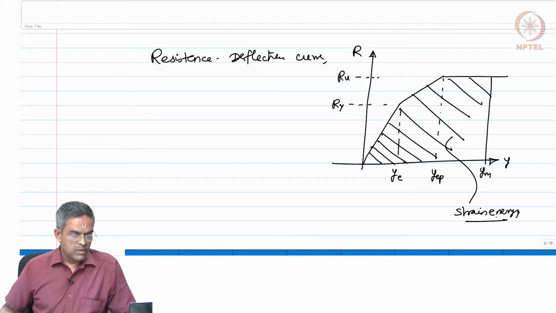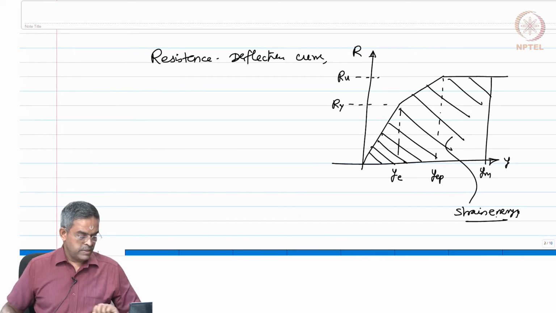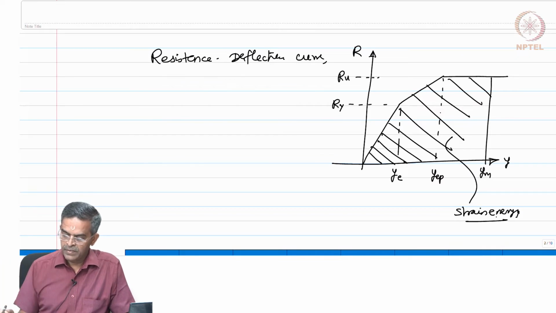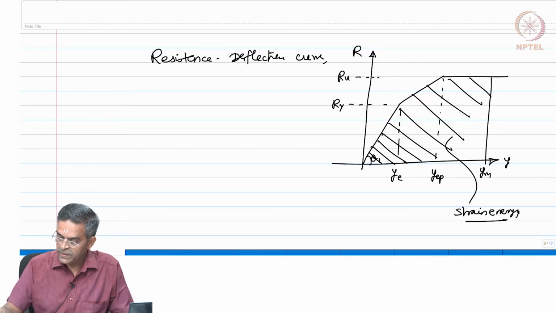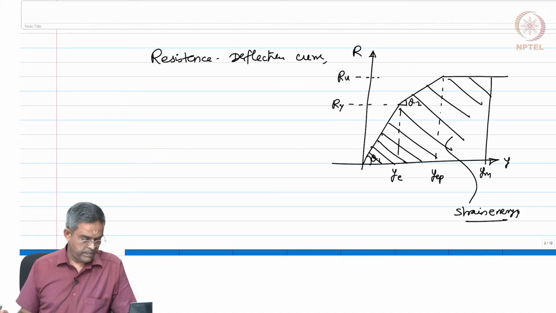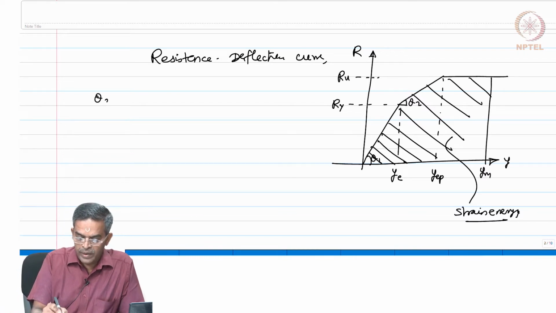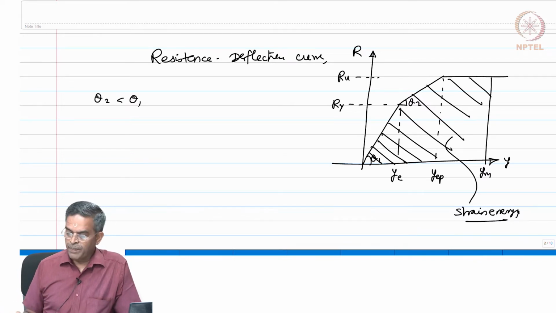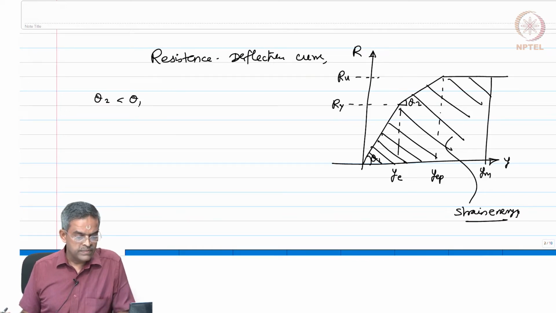Okay. So, when the material reaches the yield point, beyond that the slope changes and the slope is lower compared to the earlier one, which is in the elastic region.